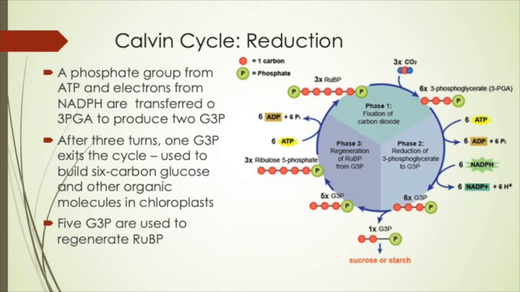So a phosphate group from ATP and electrons from NADPH are transferred to 3-PGA and produce 2 G3P, right? After 3 turns, 1 G3P exits the cycle. That's what makes it C3, right?